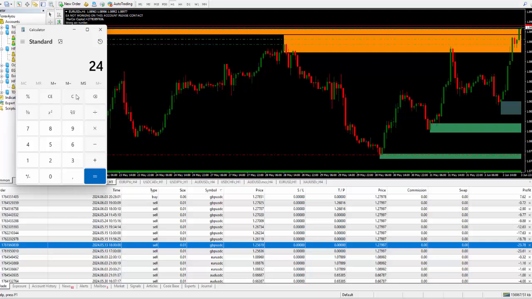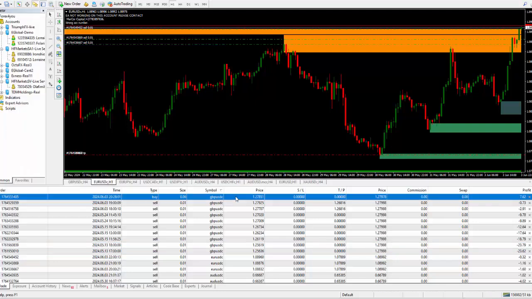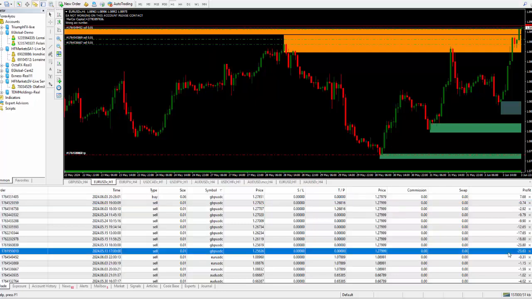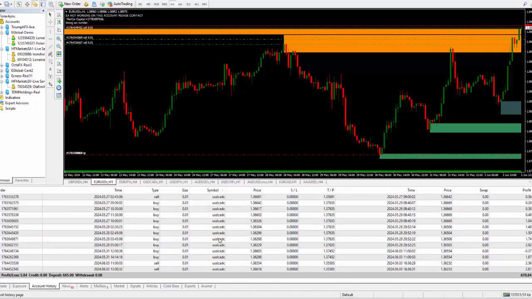Let's just approximate it. 24 times 2, that's 48. Okay? And luckily for us, if you look at the other side, it has a positive result. So what we can do now is close these two trades, which are first in, first out. Okay. First in, first out has already been closed at negative. If we come to our history now, we will see that it has been reduced to $5.